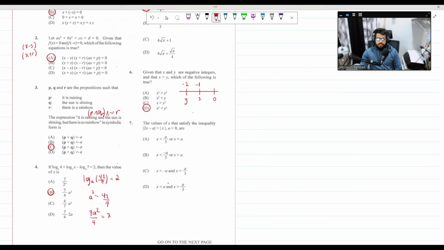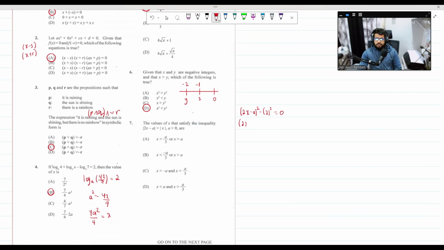Alright, this was a repeat question, and I believe it was negative a on 3n. So let me go back to the working. One time I will replace the inequality sign with an equal to sign, and I'm going to get 2x minus a all squared, take away x all squared is equal to 0.